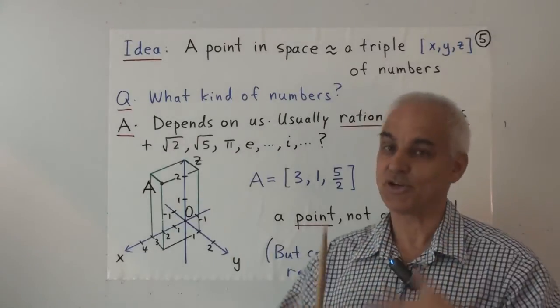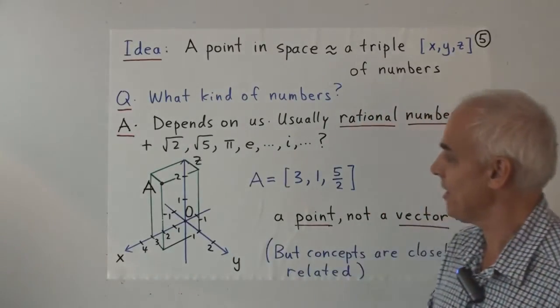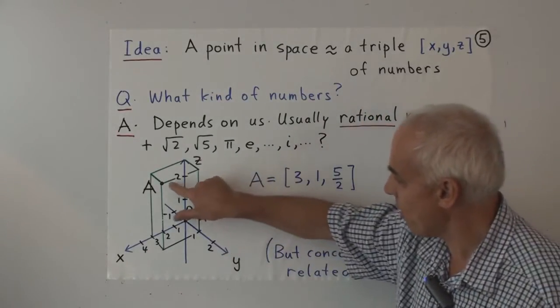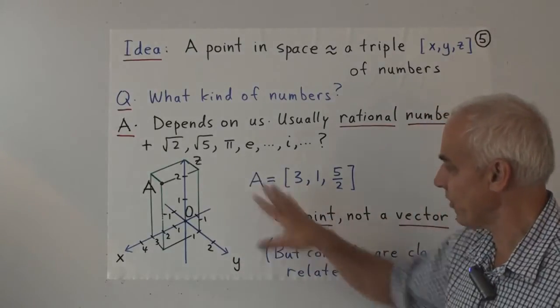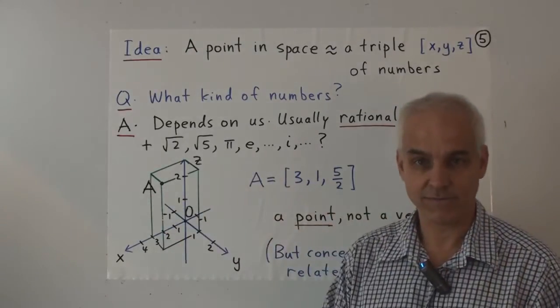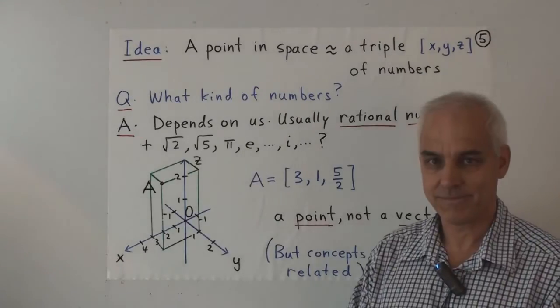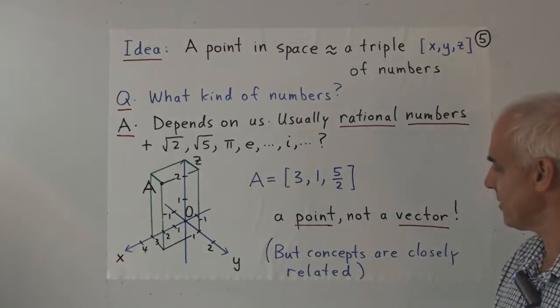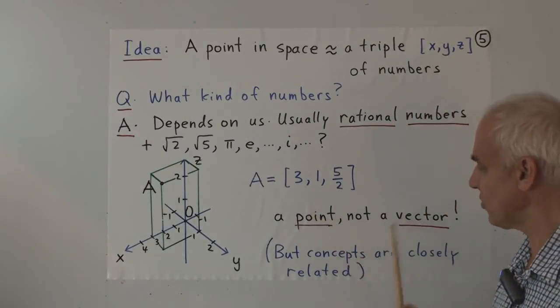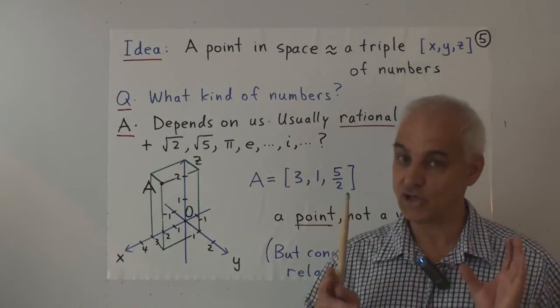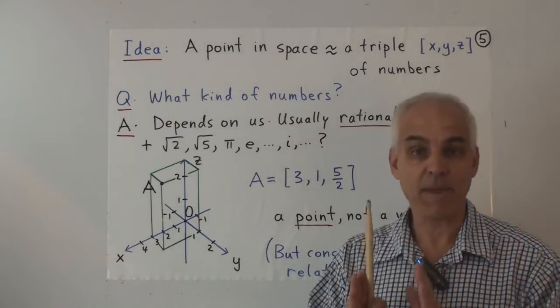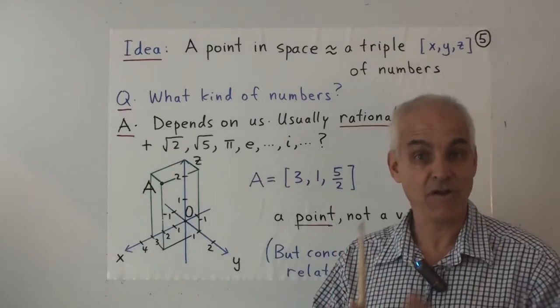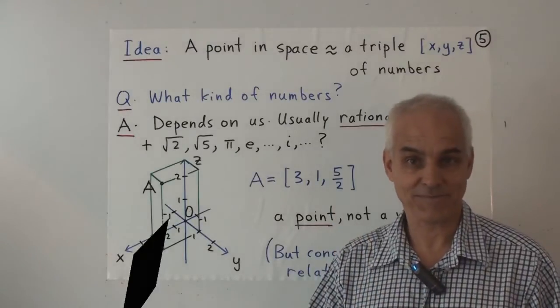And what we're saying is we're going to start off by creating a system where the points themselves are these ordered triples interpreted in this way. So the concepts of point and vector are different, and we're going to make sure that you understand that by maintaining different notation for points and vectors.